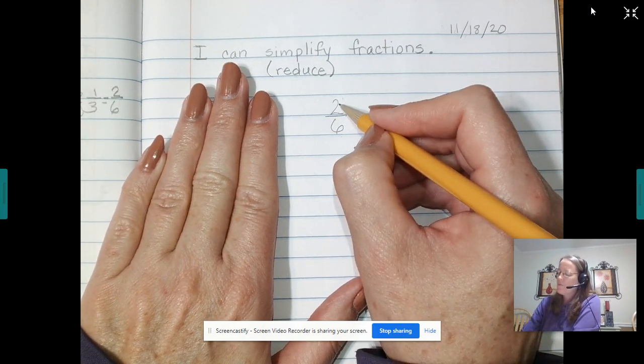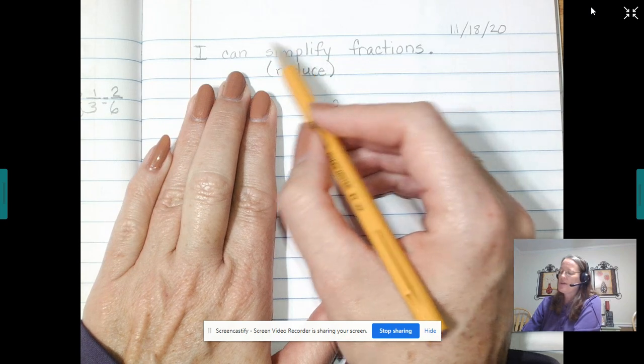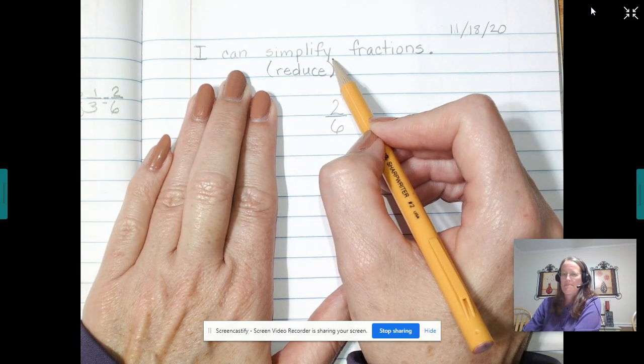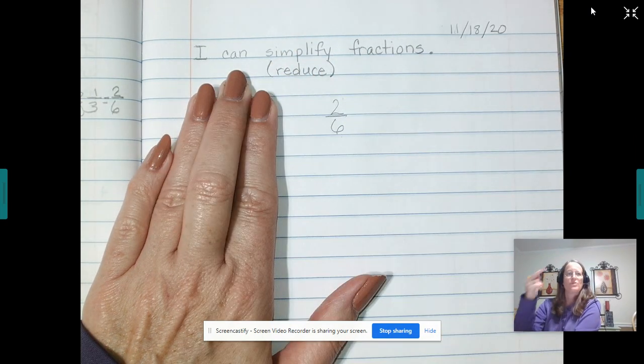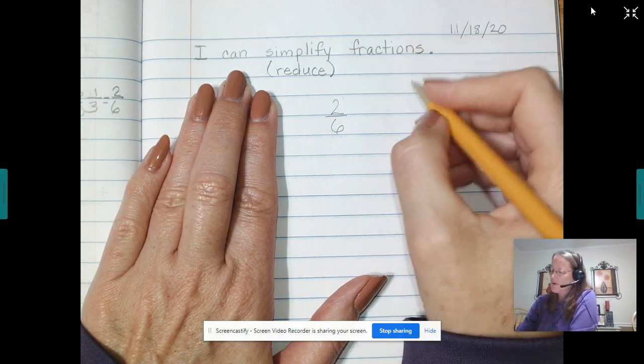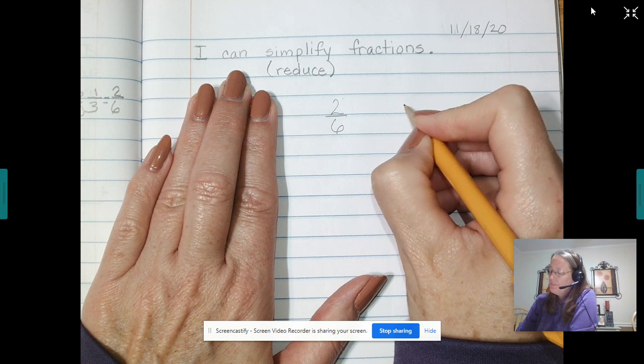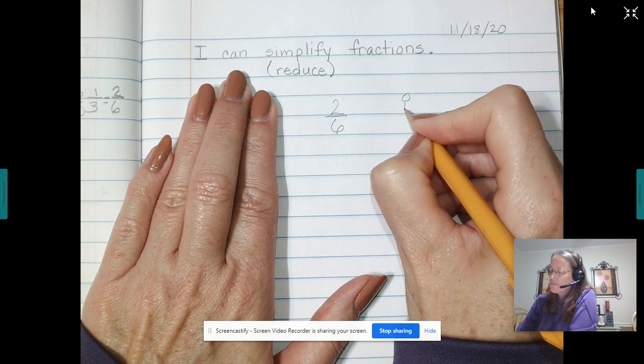So when I know that I need to simplify, there's a question that we need to ask ourselves. I'm going to draw a little person here. Little person.